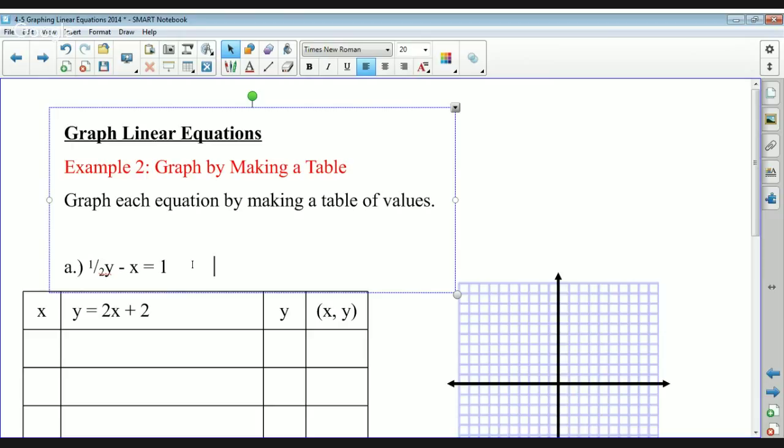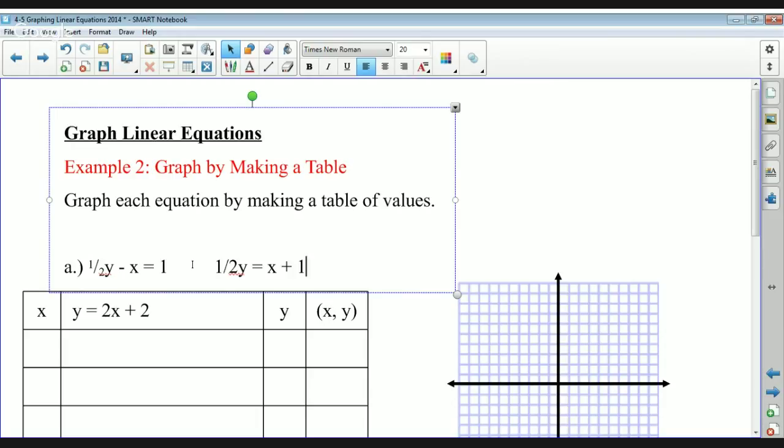So what we can do to accomplish this is to have 1/2 y now equal to x plus 1. Because x was a negative on the left-hand side, we were subtracting it from 1/2 y. We can do the opposite and add x to both sides to get it away from the y. Now we still have a 1/2 y. To make a half into a whole, how many halves make a whole?